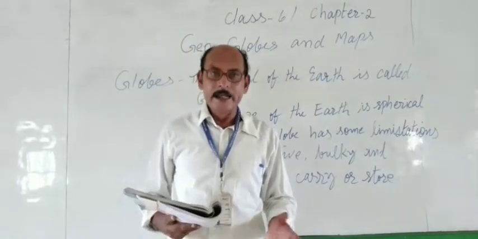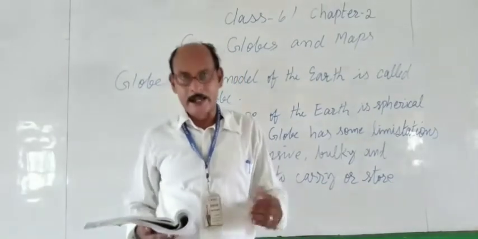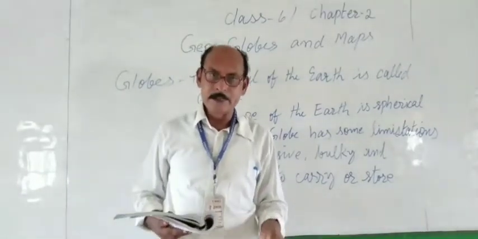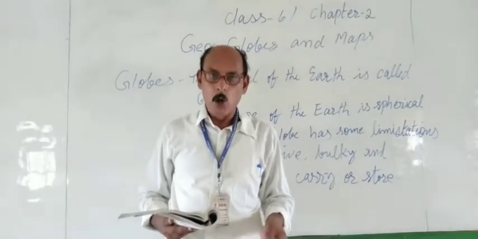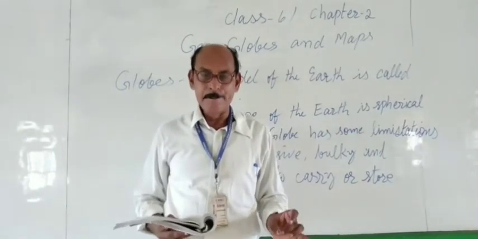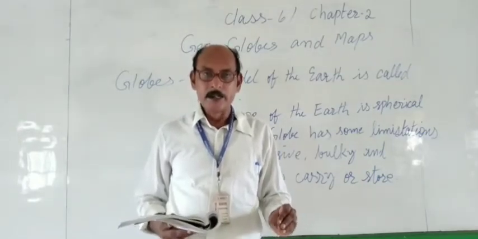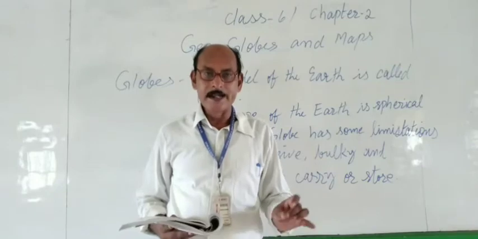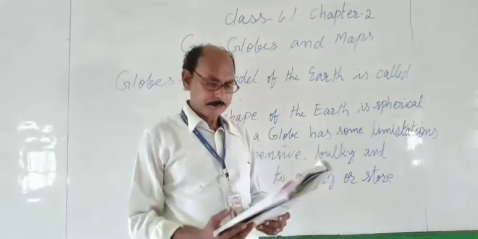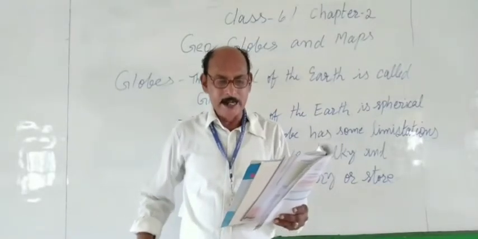Accordingly, there are shortest and longest days and nights. Sometimes days become longer and nights shorter. It especially happens in the summer season, and in the winter season nights become longer and days become shorter.